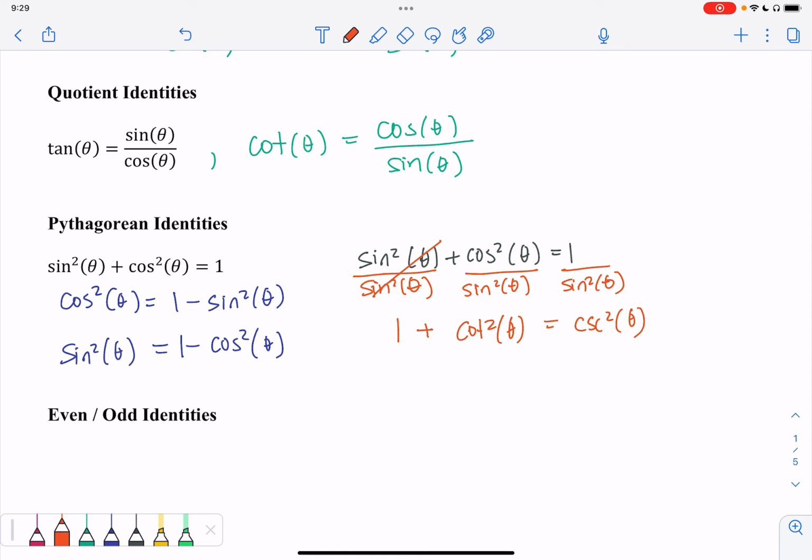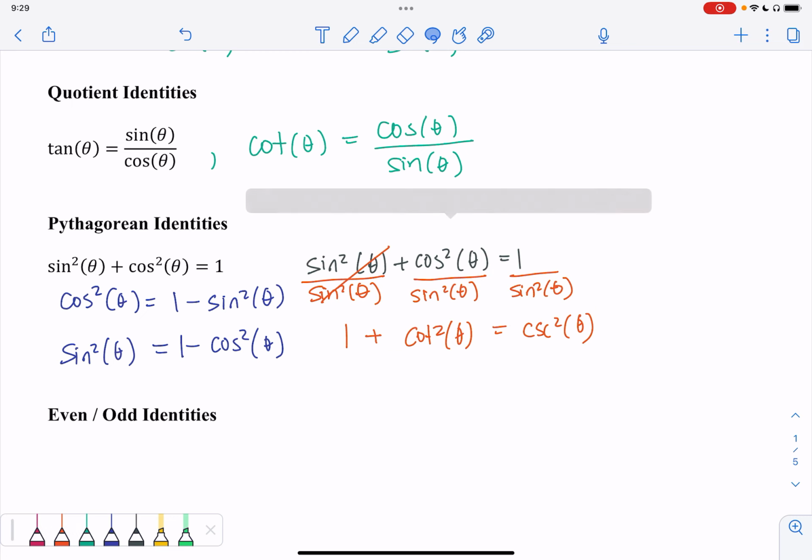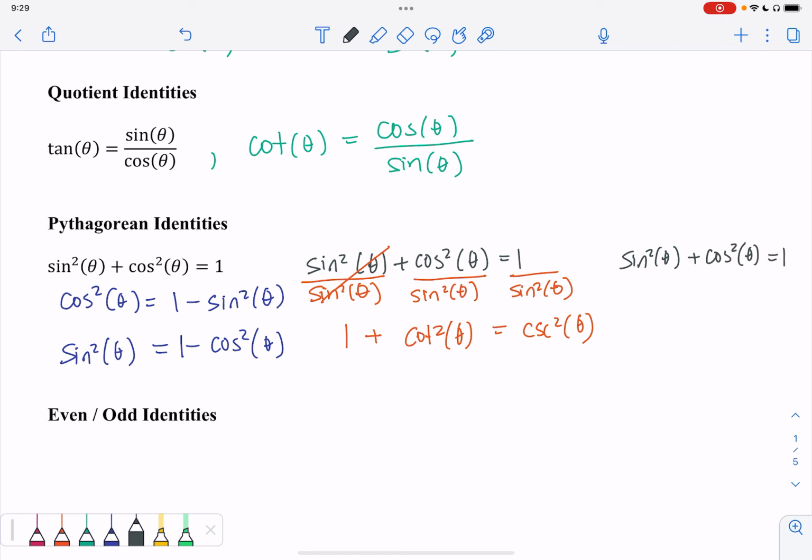And then we can do one more from there, so let's do that. I'm going to write it one more time, sine squared theta plus cosine squared theta equals 1. And now this time I'll divide it by cosine squared theta.